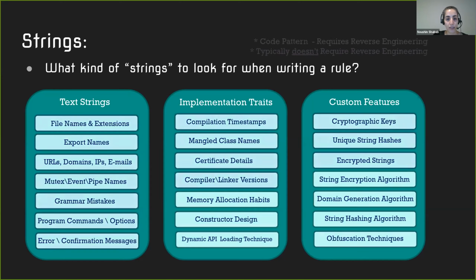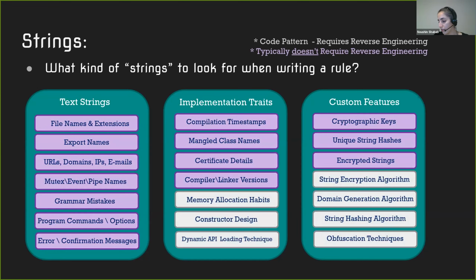And this is good news for the last minute of our session: the ones that I highlighted typically don't need reverse engineering. So with all of this, you don't need to do any reverse engineering. You can just extract them using strings, using PE viewers, and with the other ones, you might need to do some reverse engineering.